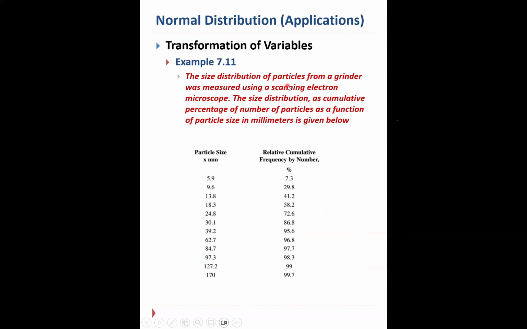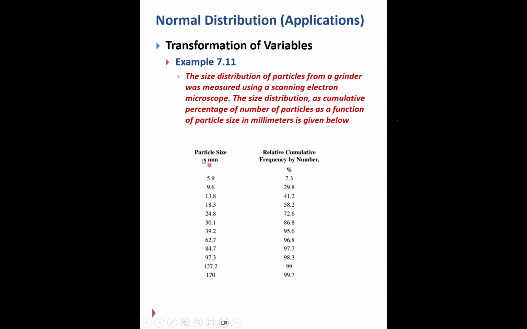The size distribution of particles from a grinder was measured using a scanning electron microscope. The size distribution as cumulative percentage of number of particles as a function of particle size in millimeters is given below. So we would like to see the probabilities according to the log normal distribution.